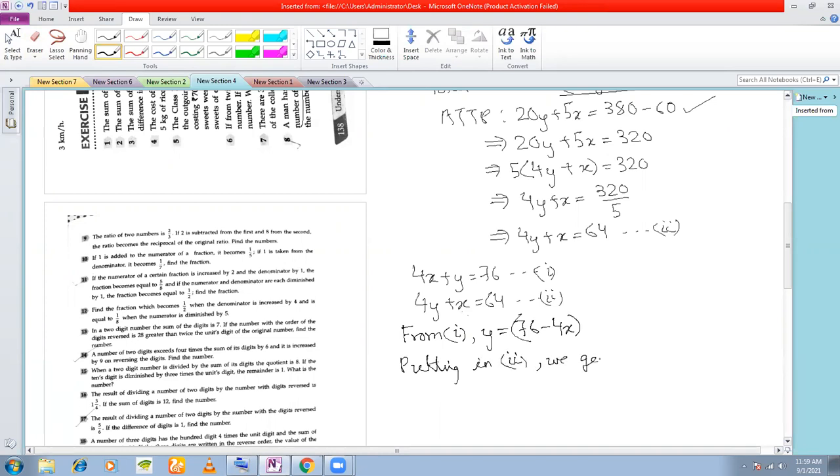We get 4y, 4 times, put the value of y: 76 minus 4x plus x is equal to 64.